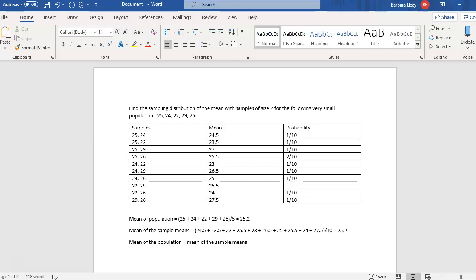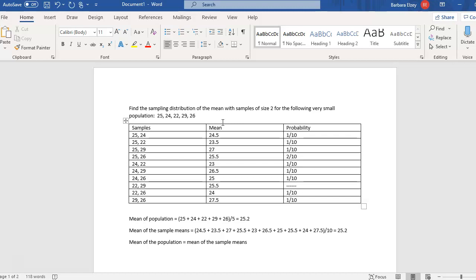Now, I'm not going to go through that tedious process here, but I could take these original 5 things in this population, put them into Excel, and find their standard deviation. I could then take these means right here and find their standard deviation. And here's what I would find.